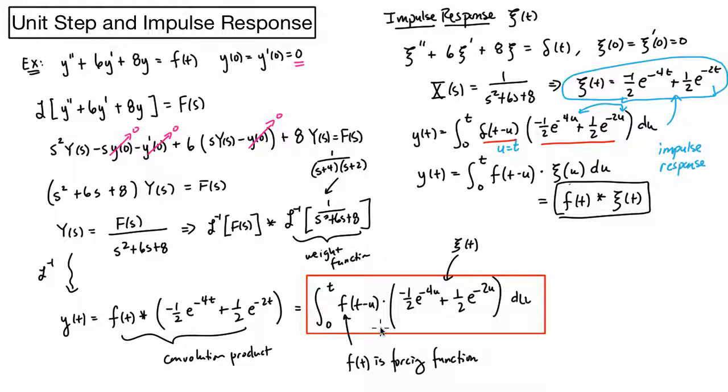So that is a very important formula. If I can find the impulse response for a given differential equation, then the solution of that differential equation is simply the impulse response convolved with the forcing function.